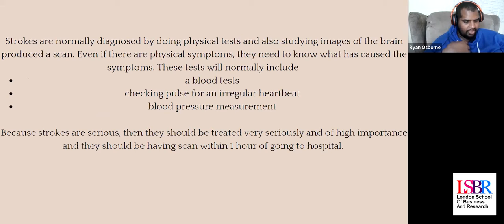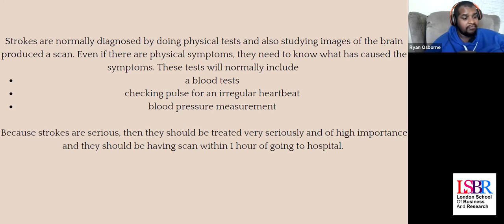when we talk about strokes, and we talk about the signs of a stroke as well, sometimes it may not be as easy to spot a stroke if you don't know what it is.